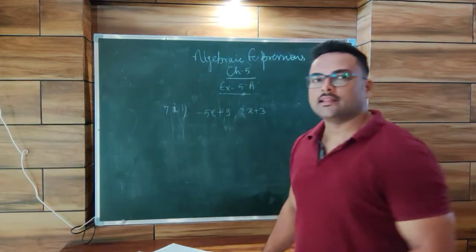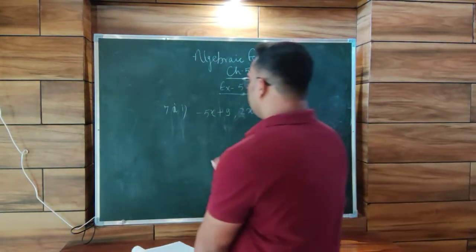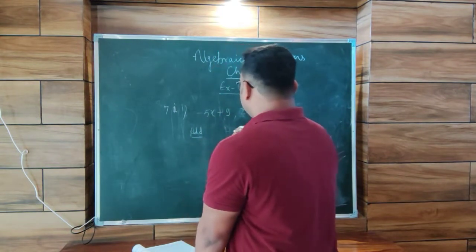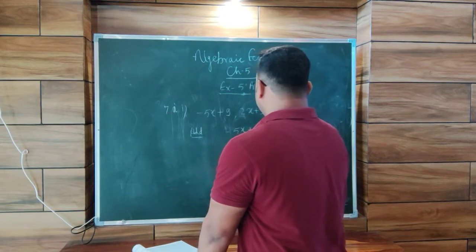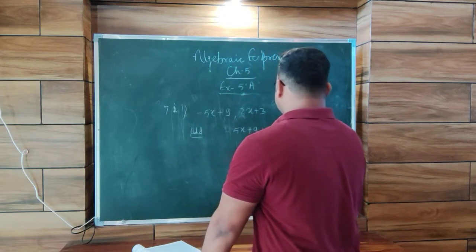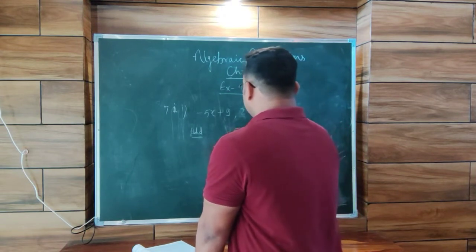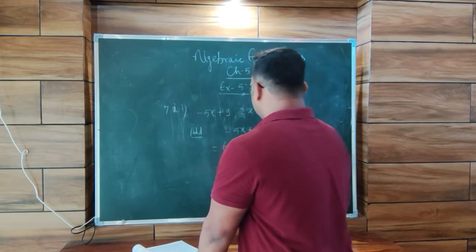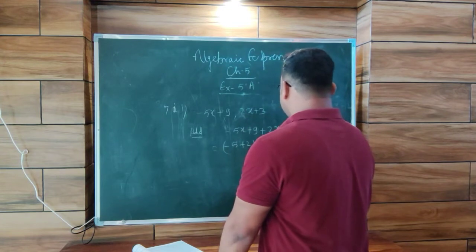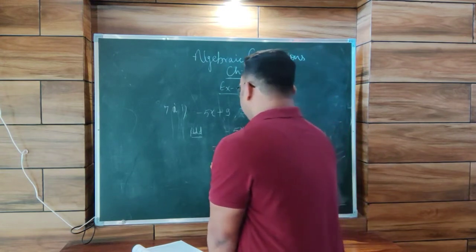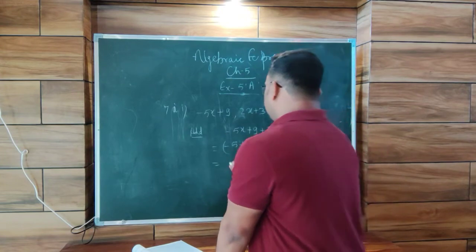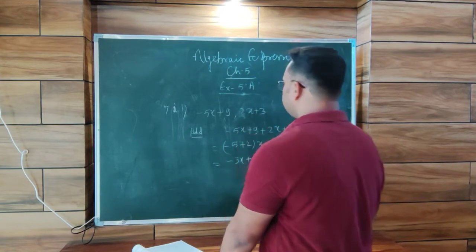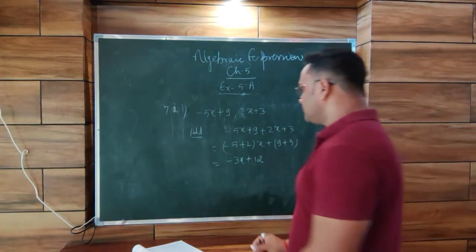First you have to add and then you have to subtract. So addition will be minus 5x plus 9 plus 2x plus 3. Identify the terms: minus 5 and plus 2, minus 3x; plus 9 plus 3, plus 12. Now subtraction.